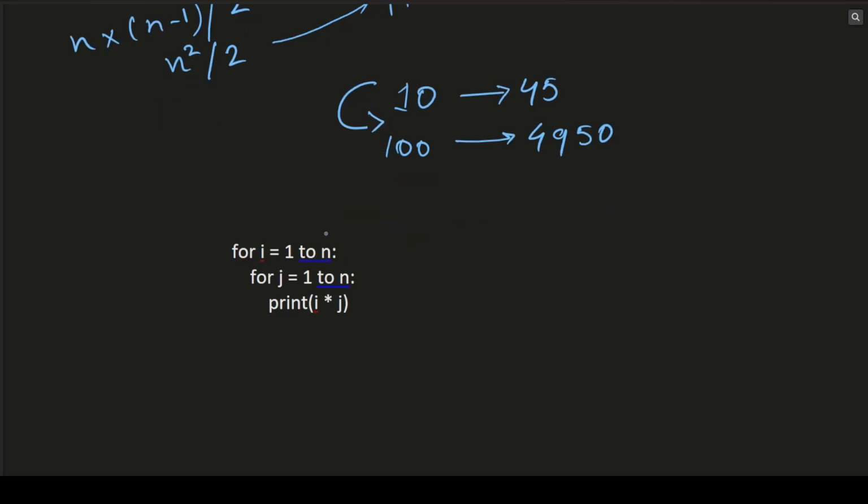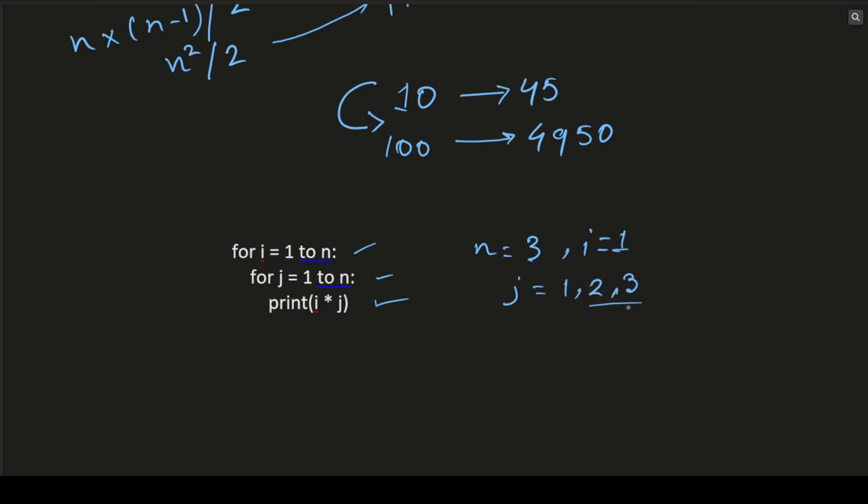So let's see a simple programming example. Suppose you want to print a multiplication table for numbers 1 to n. That means for each i from 1 to n, you multiply by each j from 1 to n. So how many times does the print statement run? Here, for n equals 3 and i equals 1, j would be 1, 2 and 3.